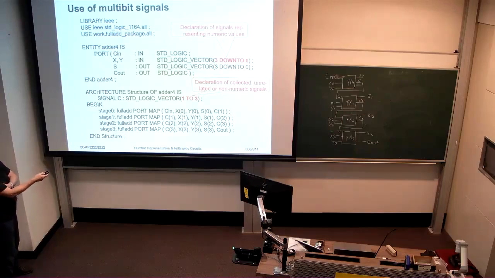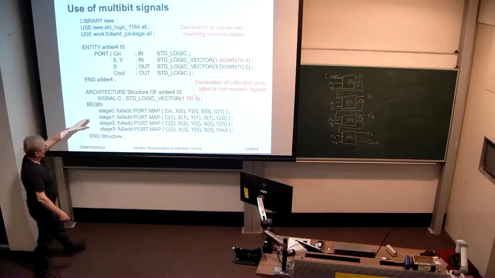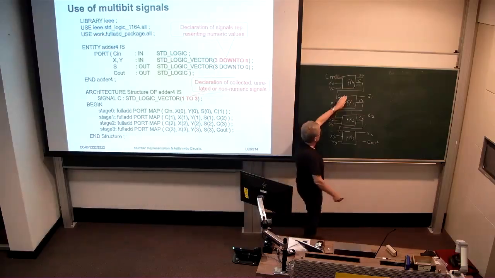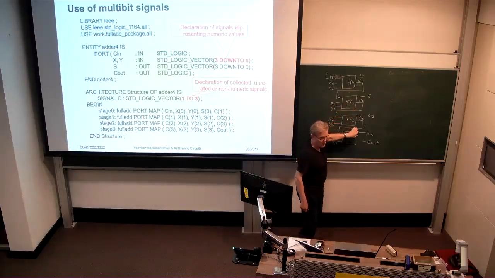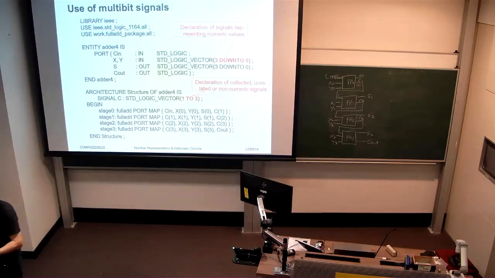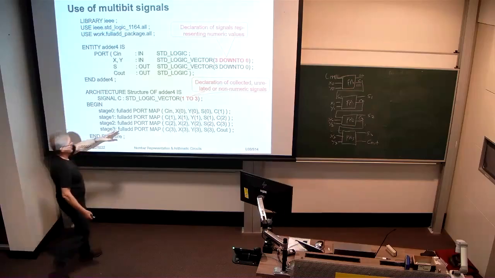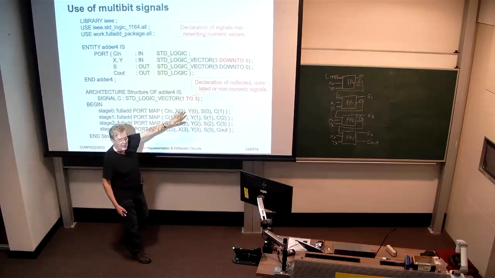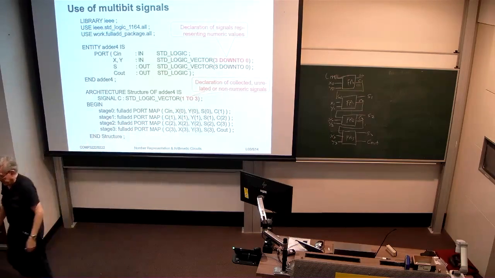This tells us that there are 4 bits. It tells us when you go 3 down to 0 that this is meant to be interpreted as a numerical value, in contrast to the signal C here, which, remember, are just the individual carries. So there's no direct relationship between one carry and the next. And so that assembly of signals can be declared, rather than 3 down to 1, as 1 to 3, thereby indicating that that's not a numeric value.